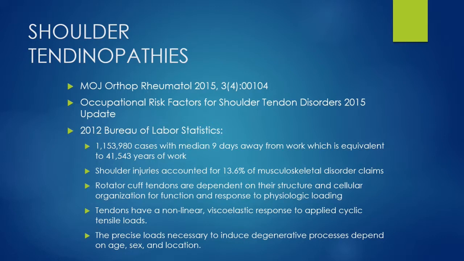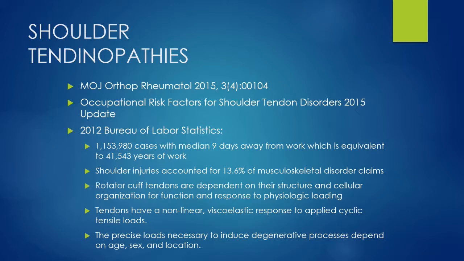The review took place in 2015, so it may involve what we consider to be some older statistics. In fact, the statistics relate to Bureau of Labor Statistics findings in 2012. But these are the latest statistics that we have, and probably in 2018 we'll have statistics from 2015, but these are the current statistics as we know them.